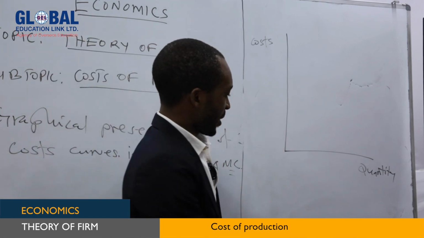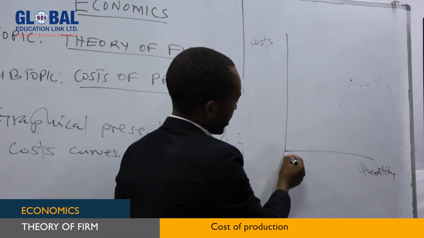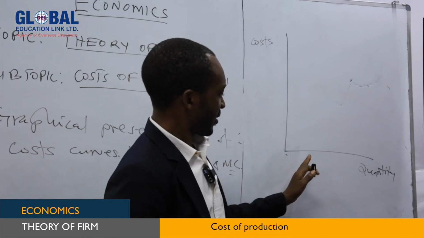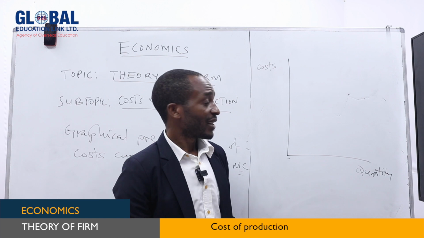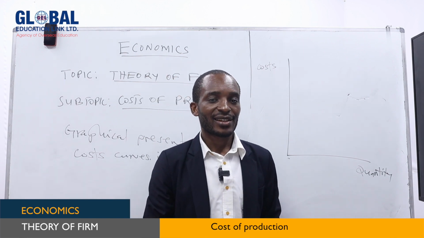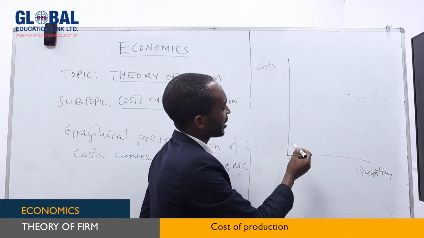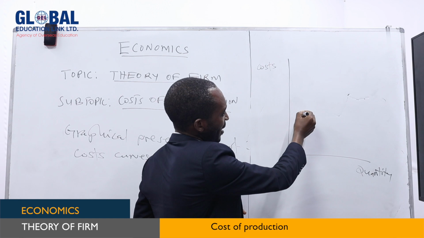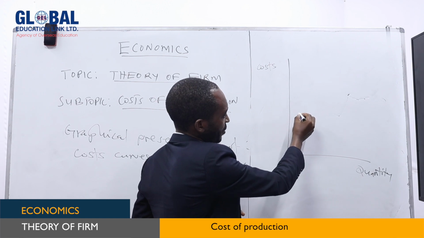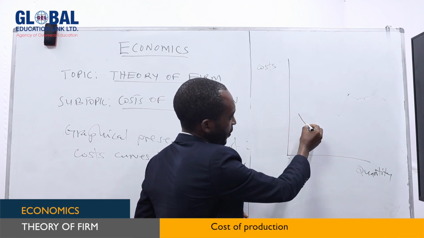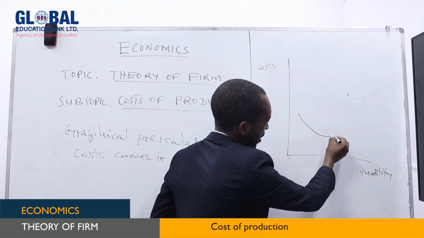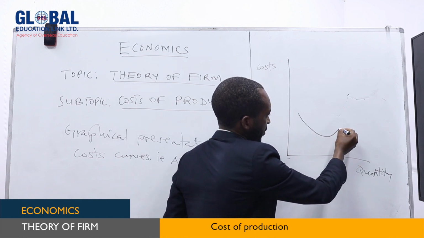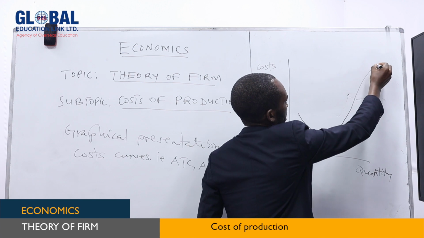At the beginning, when the output is close to 0, the marginal cost is very high. So the marginal cost will start from above, then the cost will be falling, then will start to increase.